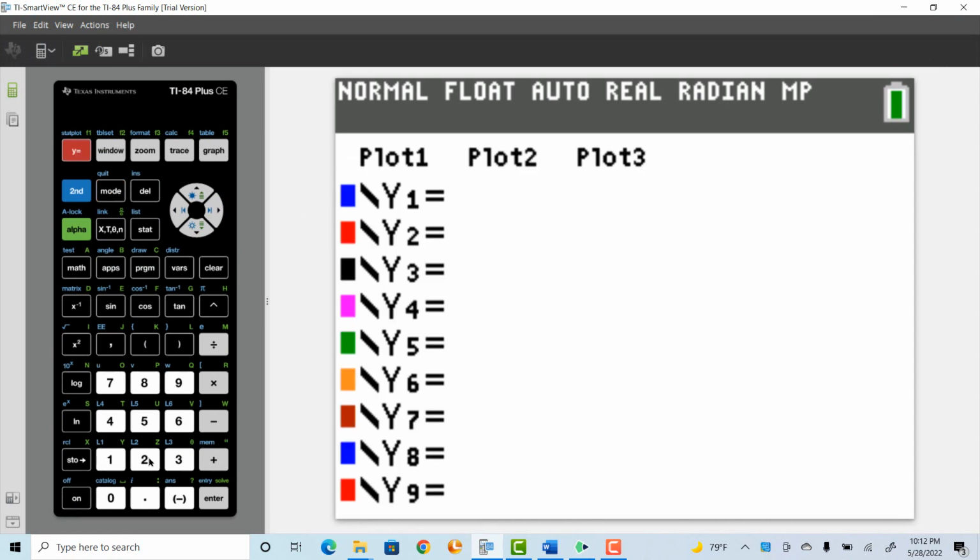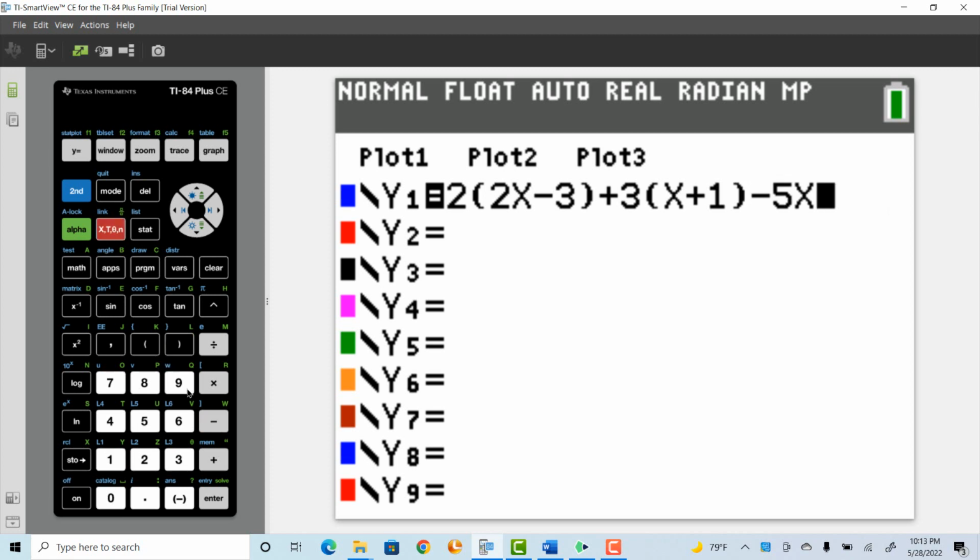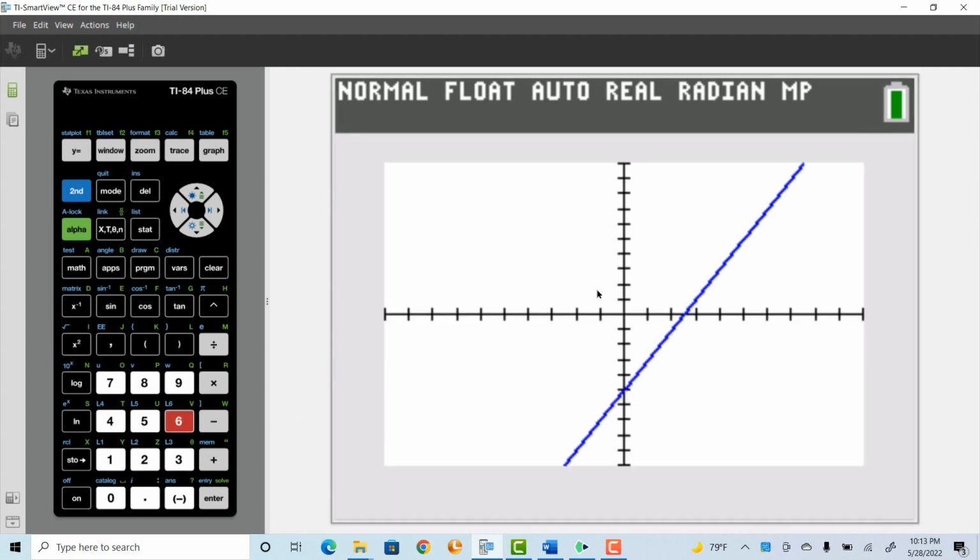So we have 2 times 2x minus 3 plus 3 times x plus 1. And then remember, I subtracted 5x and I subtracted 2. This whole thing has to equal 0, which means when I graph it, I'm looking to see where it crosses the x-axis. Well, it crosses the x-axis at 2.5.